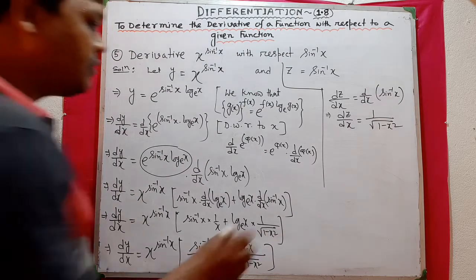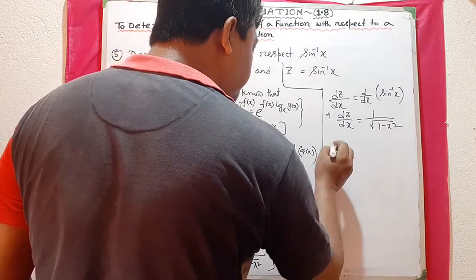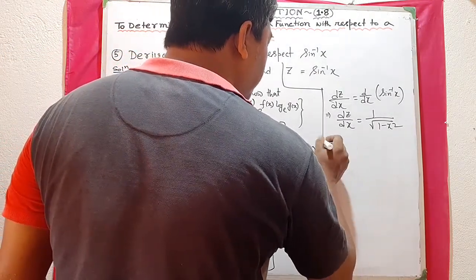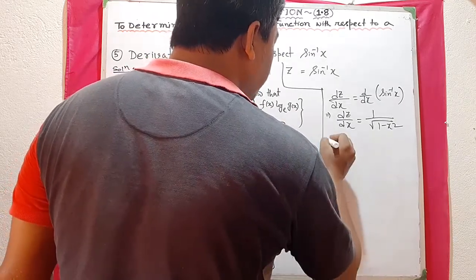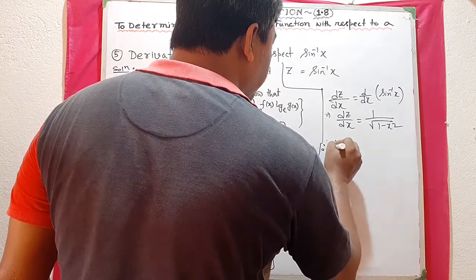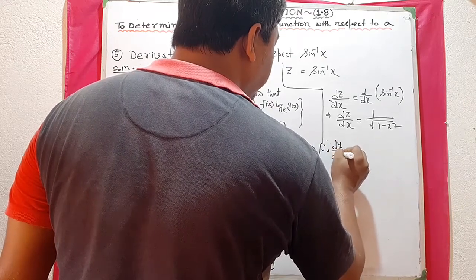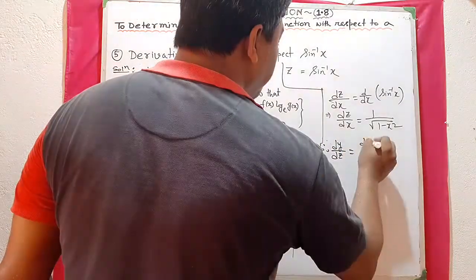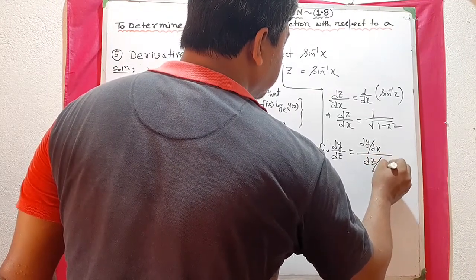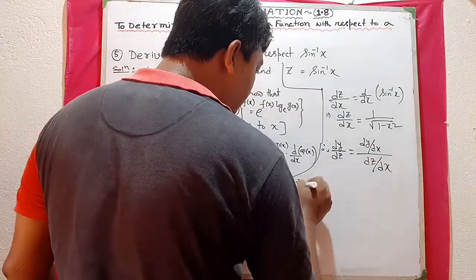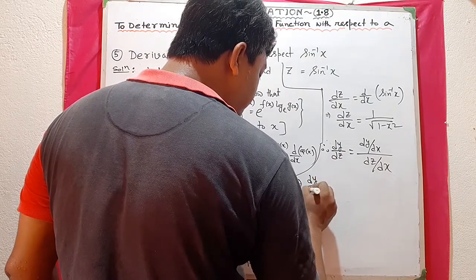So therefore dy dz equals to dy by dx by dz by dx. So this implies dy dz.